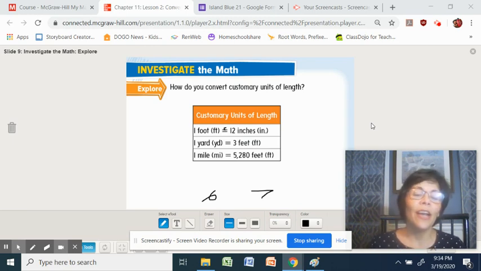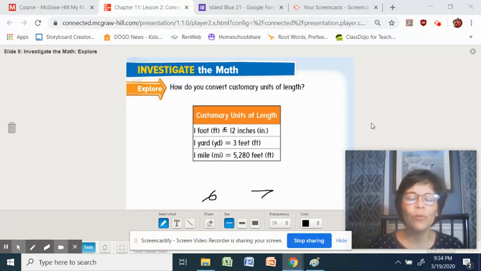Anyway, our topic for math today will be customary units of length. You have been measuring with your ruler. And obviously, I've asked you just to measure by the ruler, because I didn't want you to measure a yard or a mile. Okay. So, customary units of length versus the metric system.